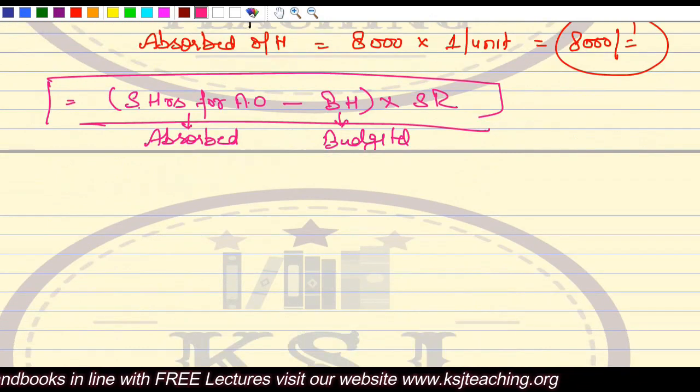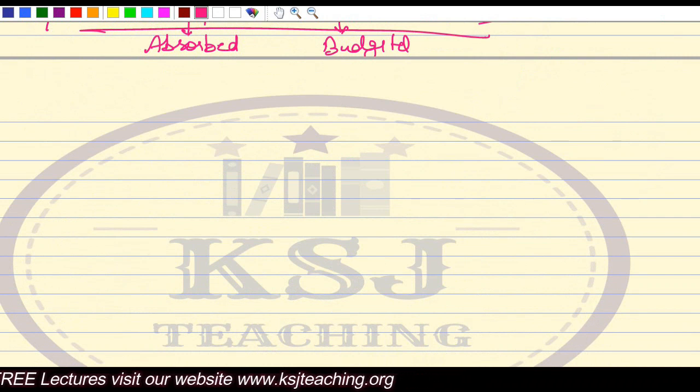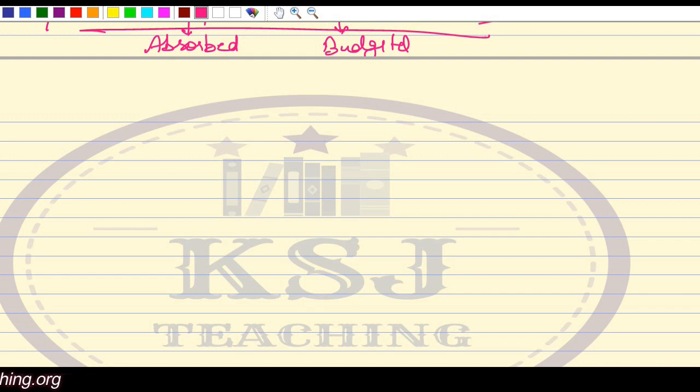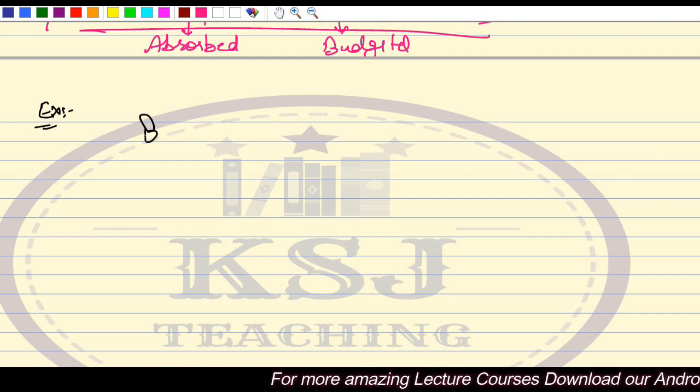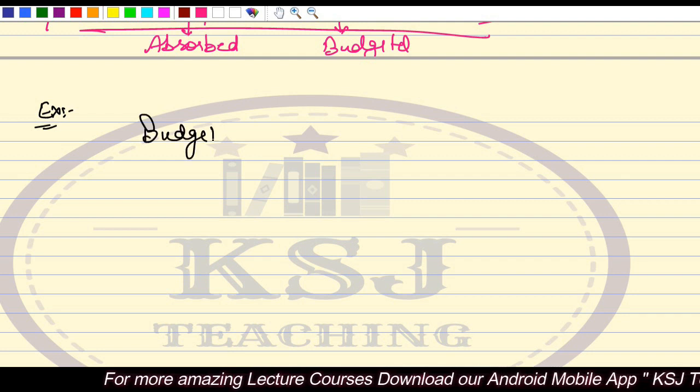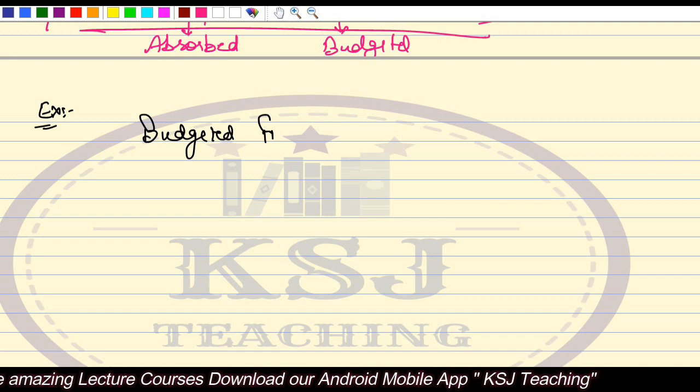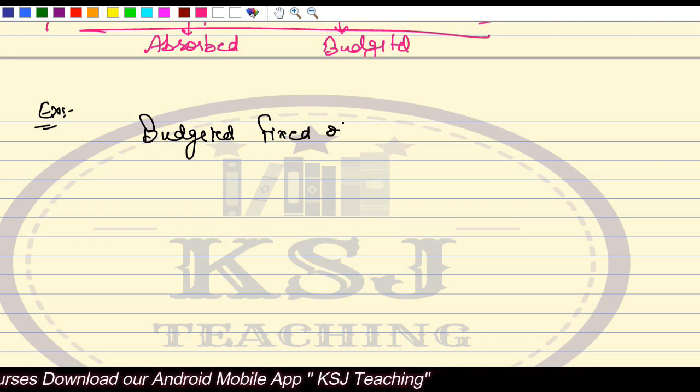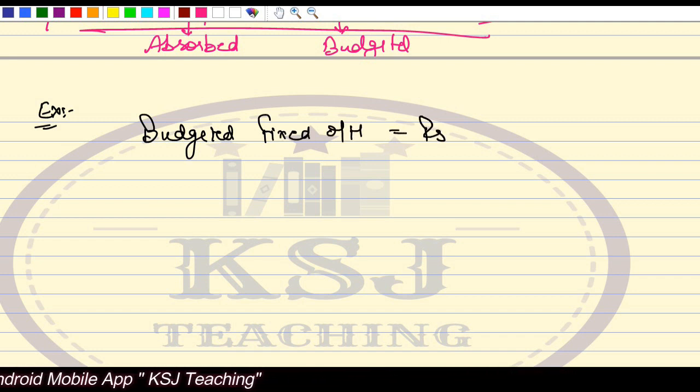So let's do one example on this. Whatever we have covered in this lecture, let's do an example on this. Budgeted fixed overheads, that is rupees 10 lakh.